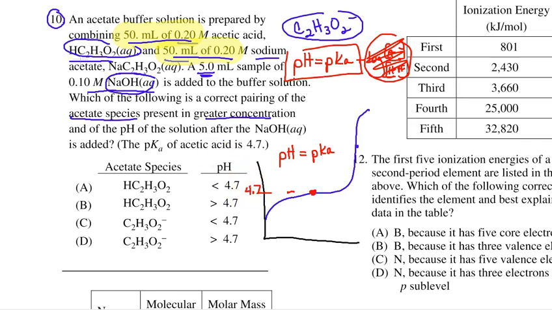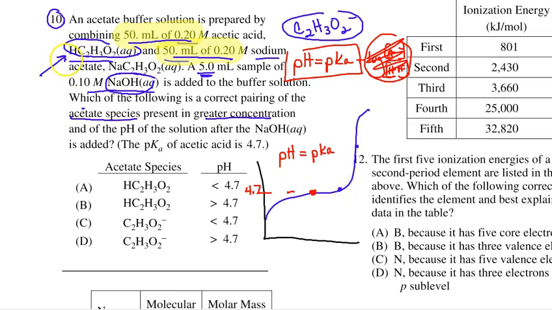Now we're going to drop some base onto this buffer, and the acid part of the buffer right here is going to neutralize it. But essentially it's going to push the pH a little bit higher. Why?